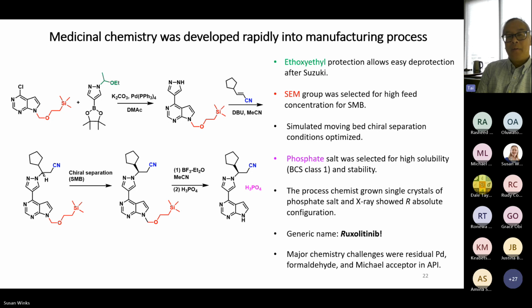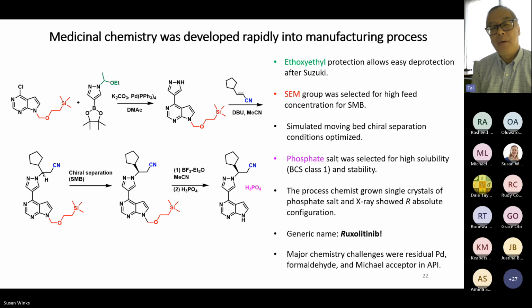So, we cleared out all the uncertainty about the absolute stereochemistry, which is very good. And our chemistry team really appreciated the company management because eventually the drug was named Ruxolitinib, with the R at the beginning to commemorate the determination of the absolute stereochemistry.